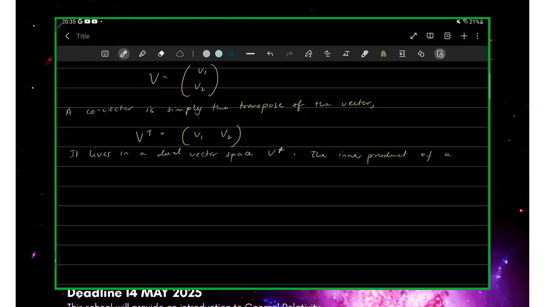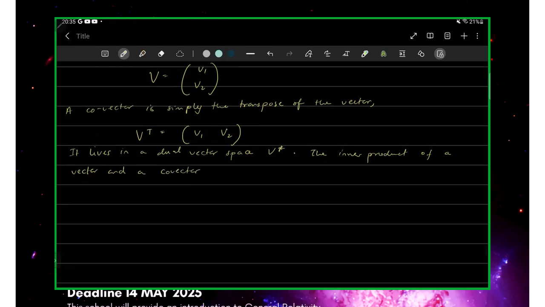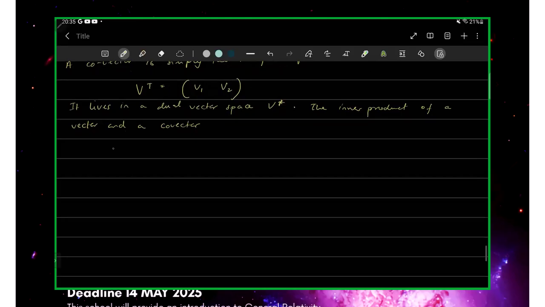The inner product of a vector and a covector can be written as the following. Let me write this as U transpose, just to uniquely define the covector and vector. This would be U1, U2 times V1, V2, and there's a matrix multiplication between them.